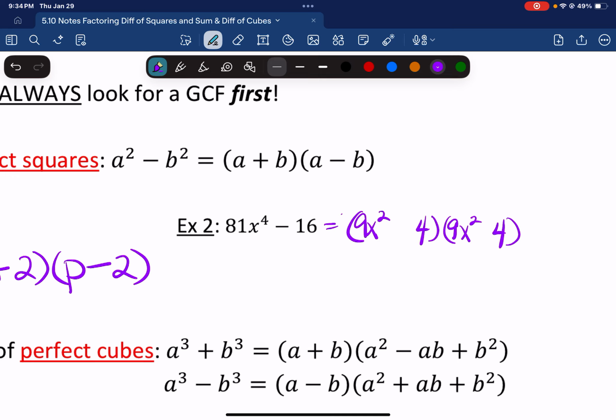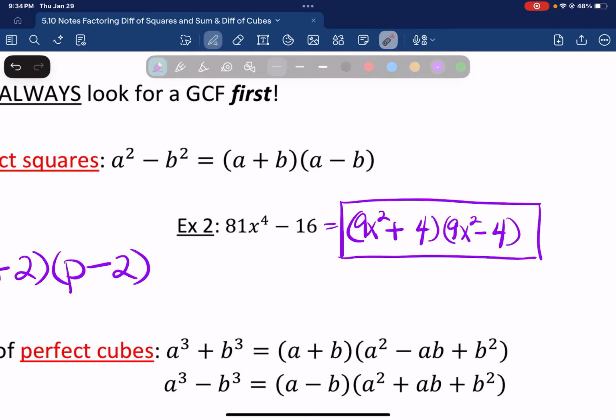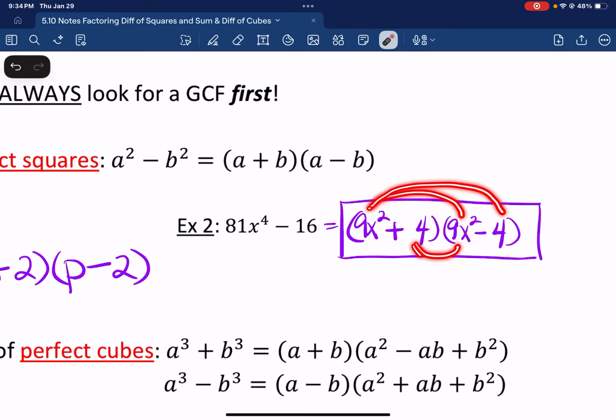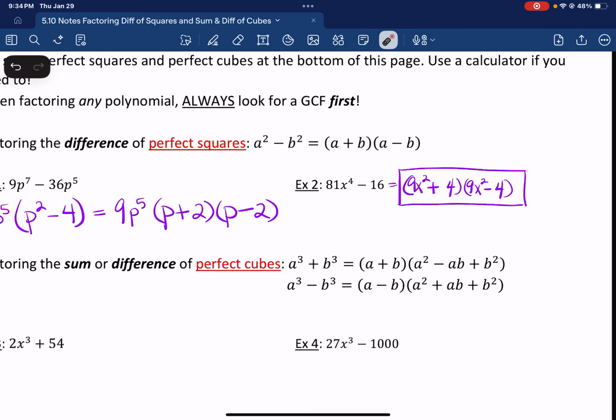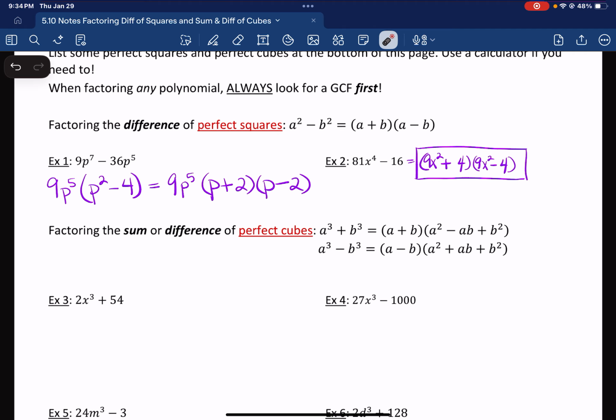And every single time the pattern is plus and minus. And this only works for the difference of 2 perfect squares. It's never going to work for the sum. And if you don't believe me, you can go ahead and double distribute, and when you multiply these out, you'll end up with 81x to the 4th power minus 16.